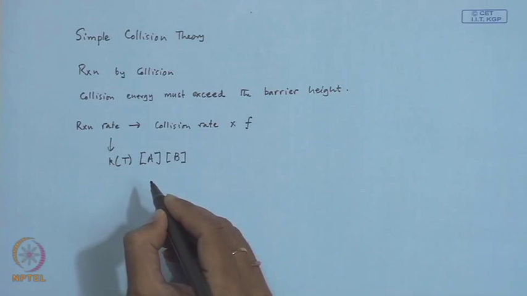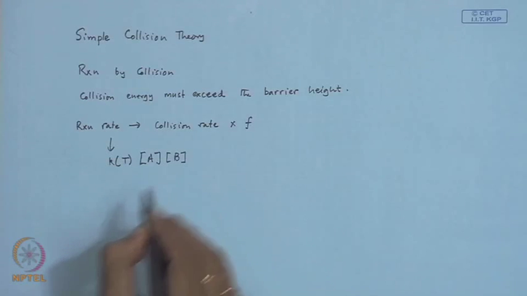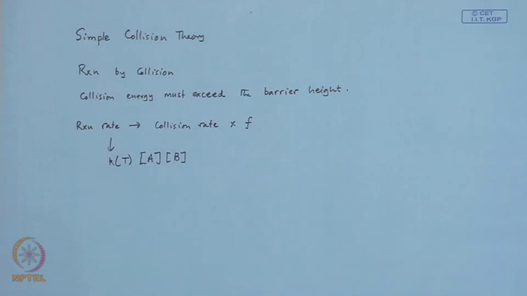Okay. Now, this is the starting point of our discussion, that we will start with simple collision theory, then we will progressively move to the other models. Now, what is the need for studying reaction dynamics?